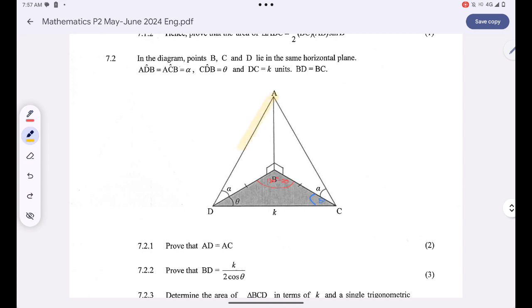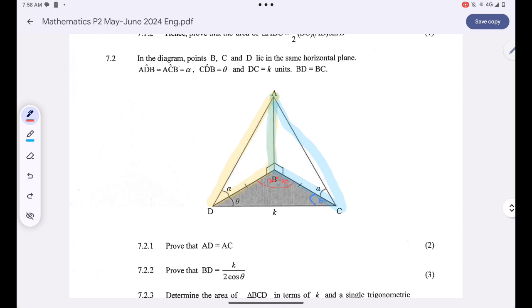I have a yellow triangle as well as the blue triangle. Let me write the answer for the yellow triangle in red. I know that tan of angle A is equal to AB all over... no, let's not use tan, because we are trying to prove that these hypotenuses are the same.